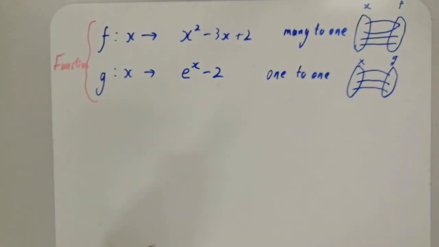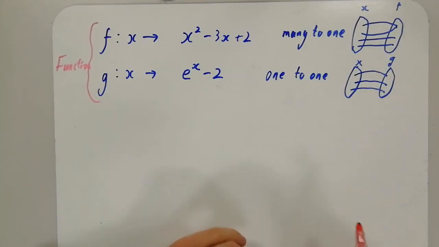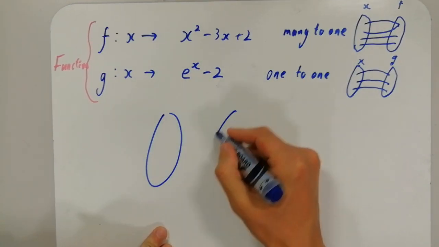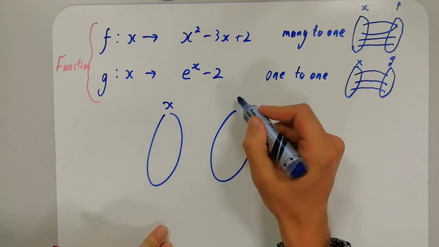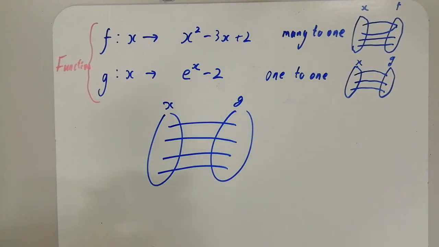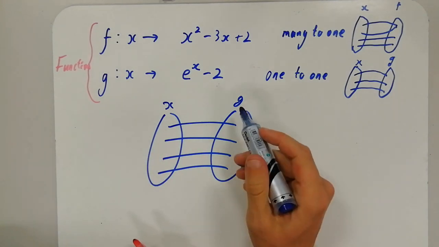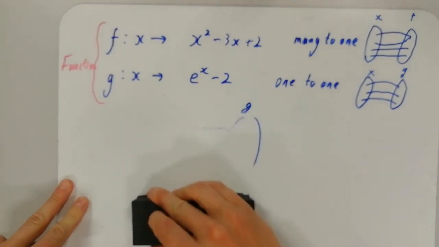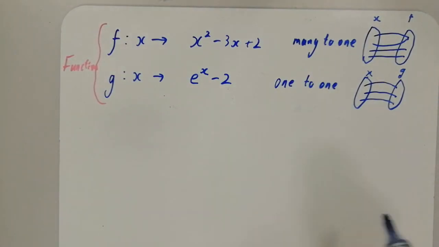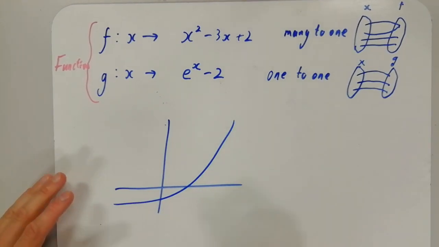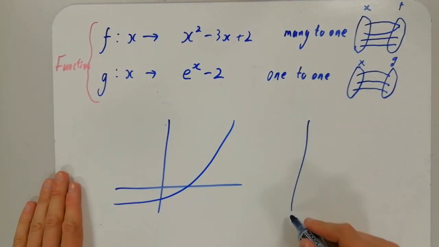For an inverse function to exist, I will need a one-to-one mapping. If we look at this scenario, for a given input, I know the output. And I can reverse that process. If I know the output, I know exactly which input I'm going to. So again, if we look at the original graph of this, and then we sketch the inverse.